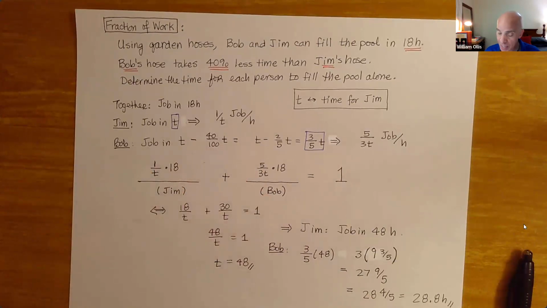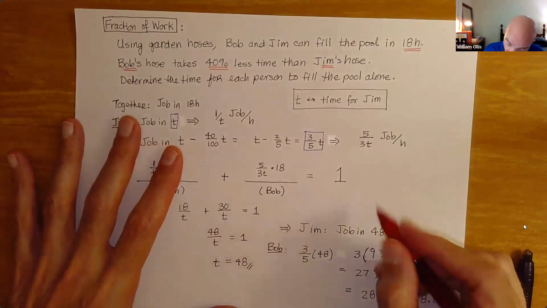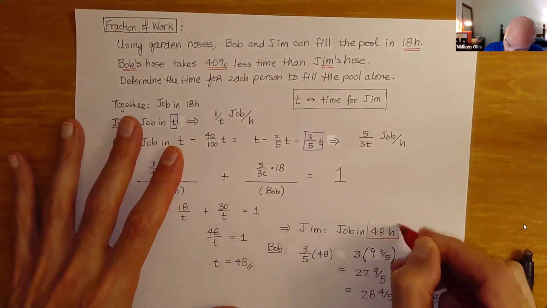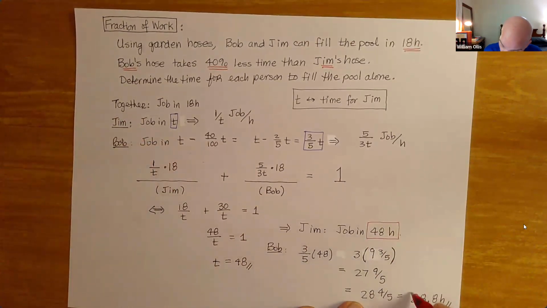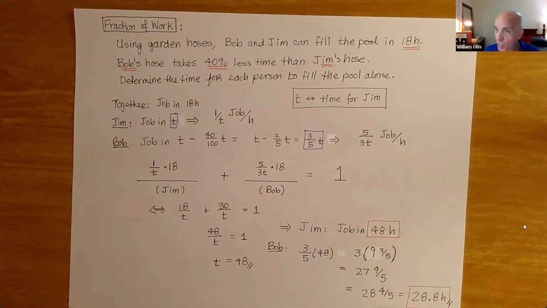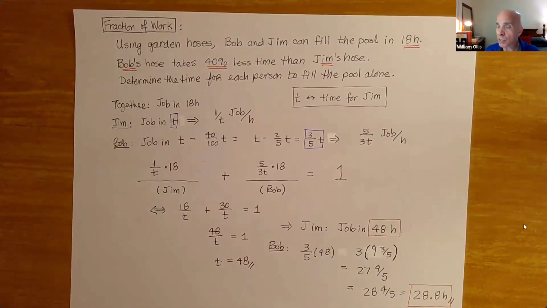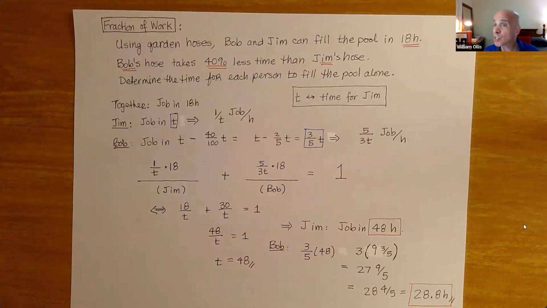So now we see in this particular case that the job for Jim requires 48 hours working alone, and the job for Bob requires 28.8 hours working alone. Again, remember, if you are writing an equivalent decimal to a fraction, it's not an approximation, it's equivalent.